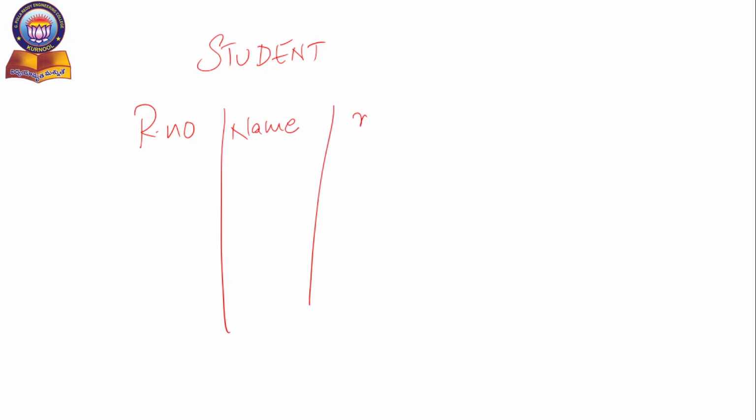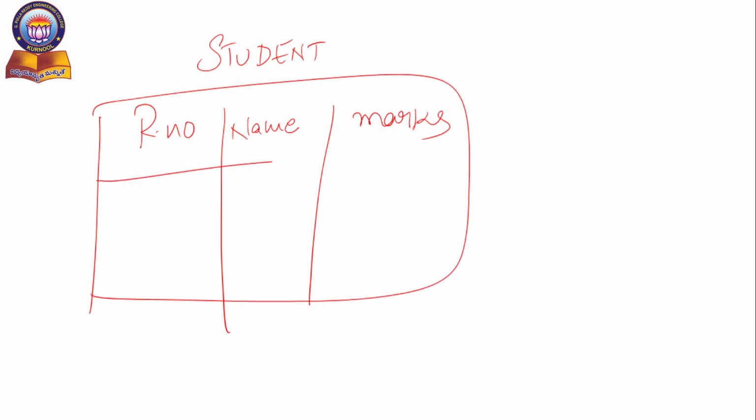Let's take one example of the primary key. Let's consider the student table. What are the attributes for the student? First one, roll number, second one, name, and third one, marks. In these three attributes, the primary key should be unique, so here in this table, roll number will be considered as the primary key.